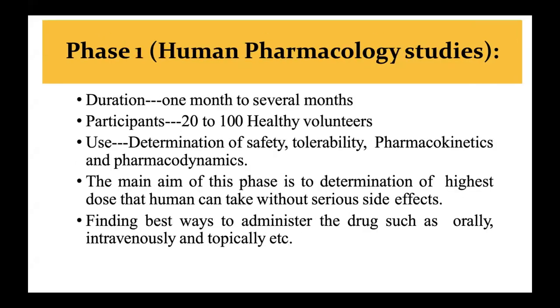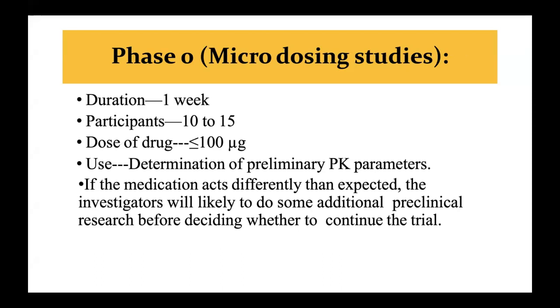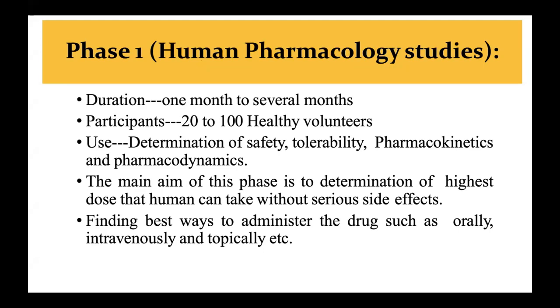In phase 2, it is 1 month or maybe several months. In phase 0, the participants were 10 to 15. And in phase 1, the number of participants increases. Why do we do this? To determine the safety, tolerability, and the other pharmacokinetics and pharmacodynamics. The main aim of this phase is determination.